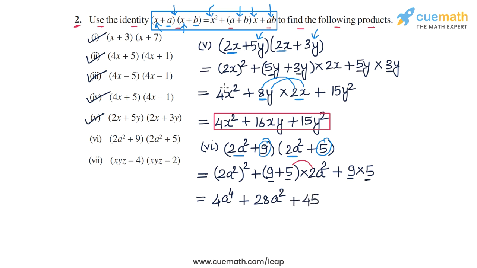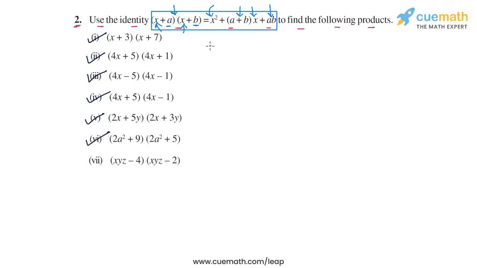So this expression 4a to the power 4 plus 28a square plus 45, this is the product in part 6.